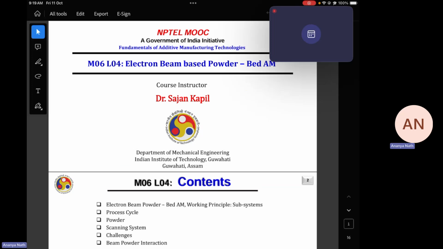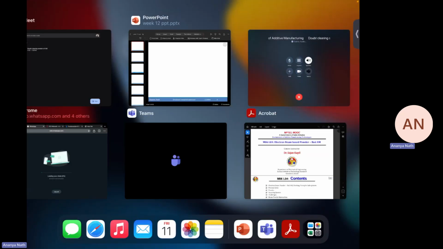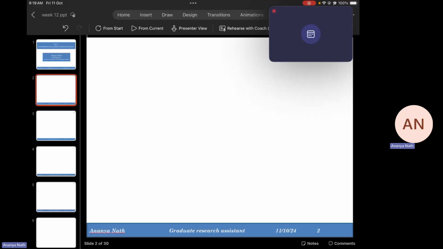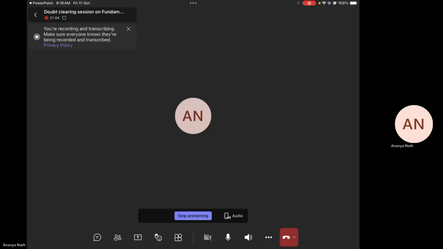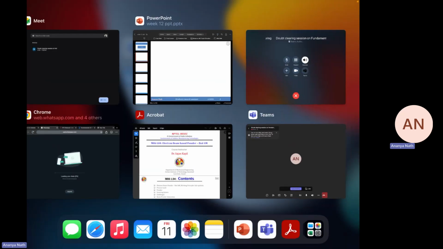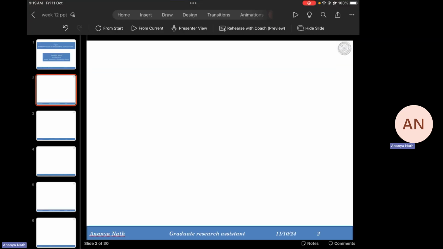Now let's try to understand why it is 10 to 45. Why is it not other than that? Because there can be two contradictory statements. One is the layer thickness. Let me just draw it here.